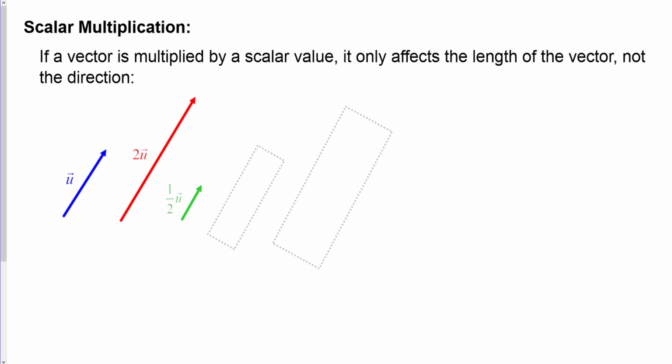It doesn't change its direction. Negative u technically does change its direction, but it's in the opposite direction. 3/2 of u would increase u by a factor of 1/2 basically, but it still points in the same direction. All of these vectors are parallel to one another, so that's what's important to remember when you're dealing with scalar multiplication.